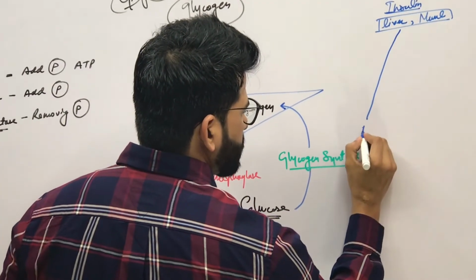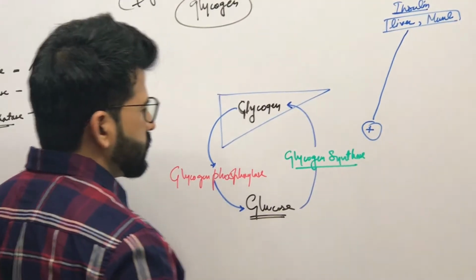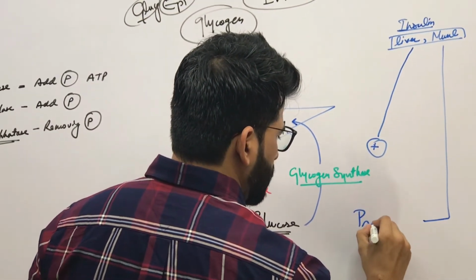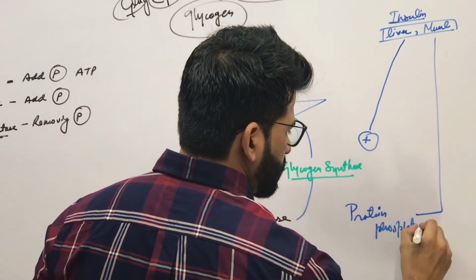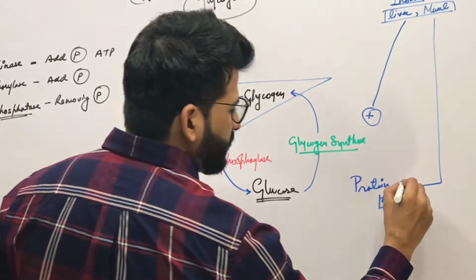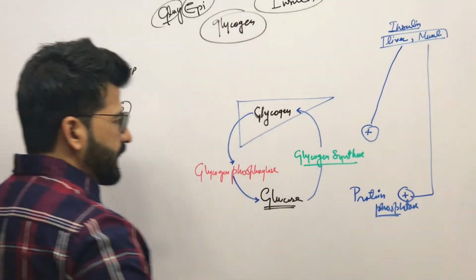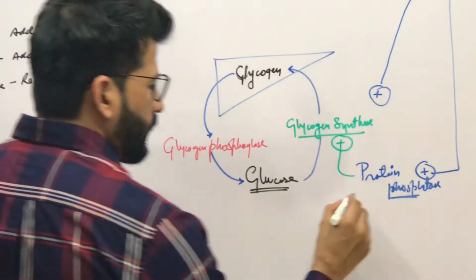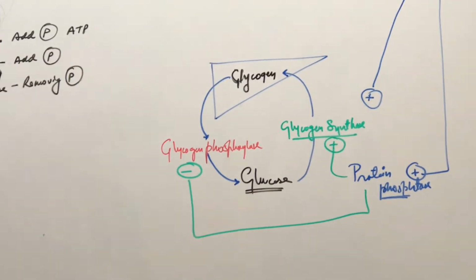It is helping straight away the glycogen synthase enzyme, by which it converts the glucose into glycogen, and it also activates another enzyme which is called protein phosphatase, one which is important in removing the phosphate. So it is activating the protein phosphatase also, and protein phosphatase indirectly activates the glycogen synthase enzyme and decreases the action of glycogen phosphorylase enzyme.